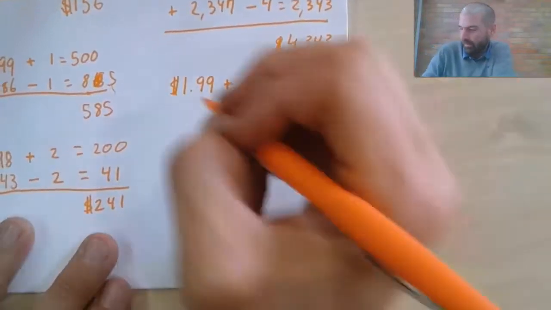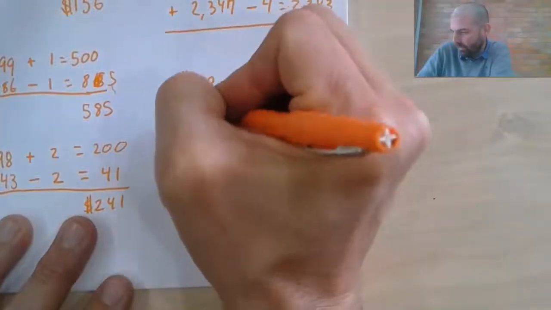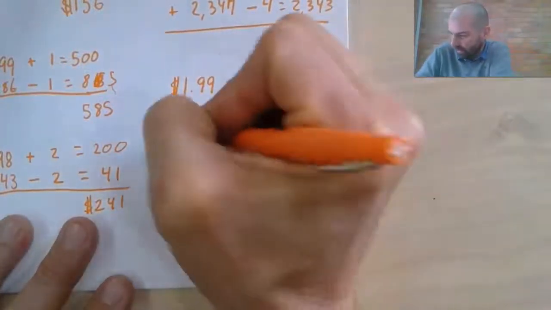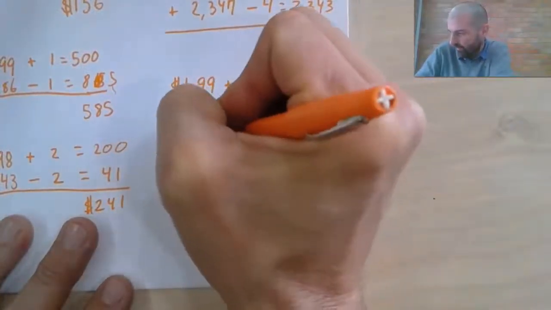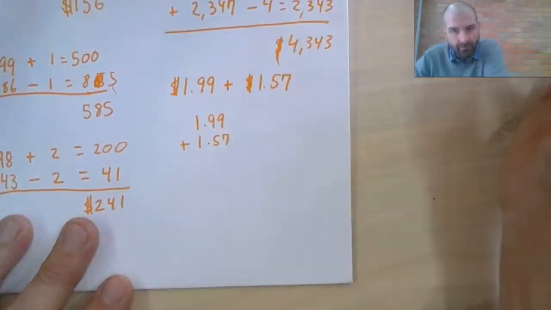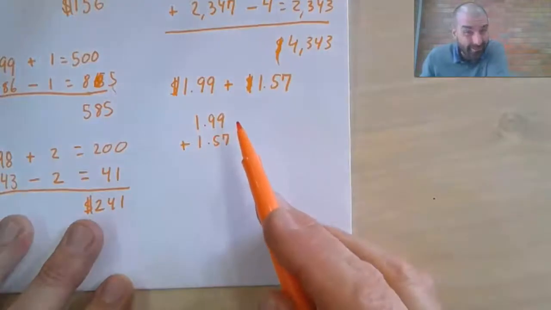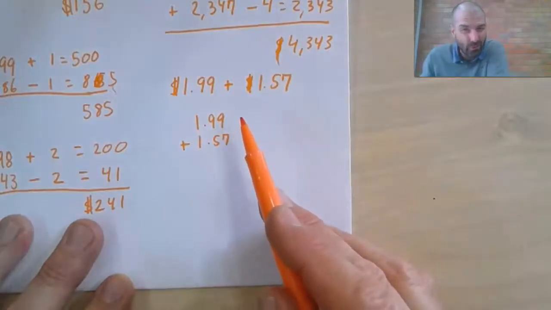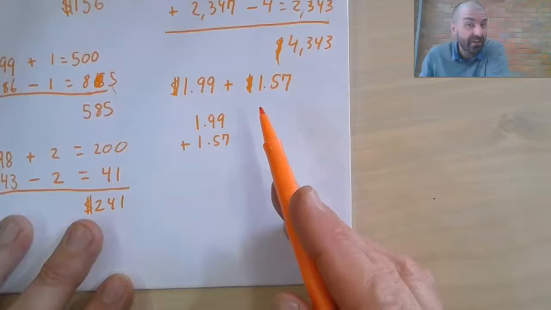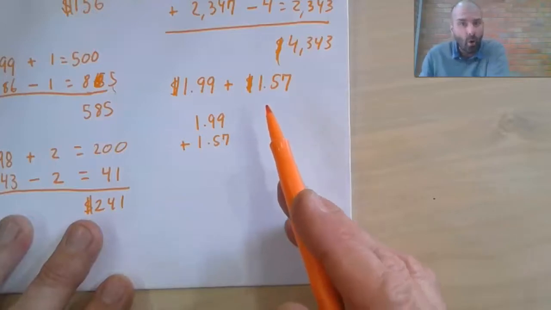Okay. So if I have $1.99 or 1 and 99 hundredths, and I'm adding it to 1 and 57 hundredths or $1.57, I should see right off the bat that 199 is very close to $2. Just like 199 is close to 200.